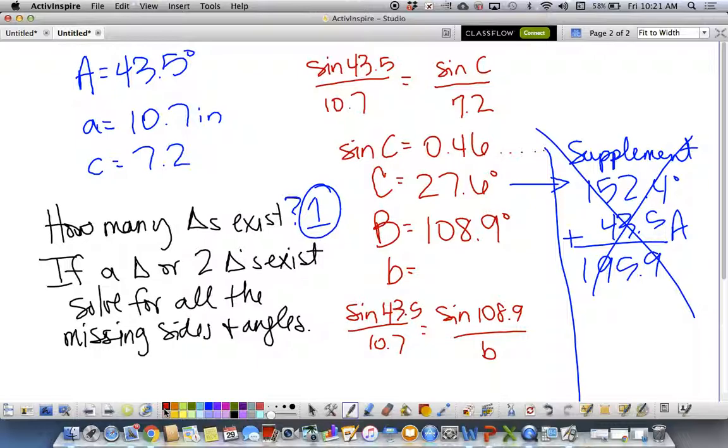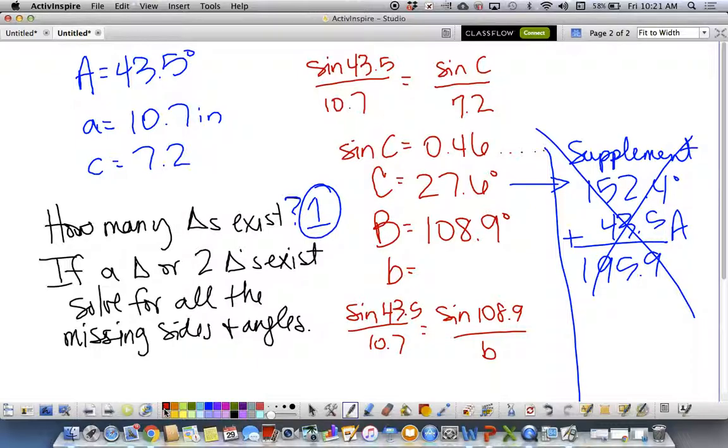Now, can I ask you a question? Should your answer be more or less than 10.7? Why? Because the angle opposite B is a good bit bigger than this one. Opposite A is only 43.5.